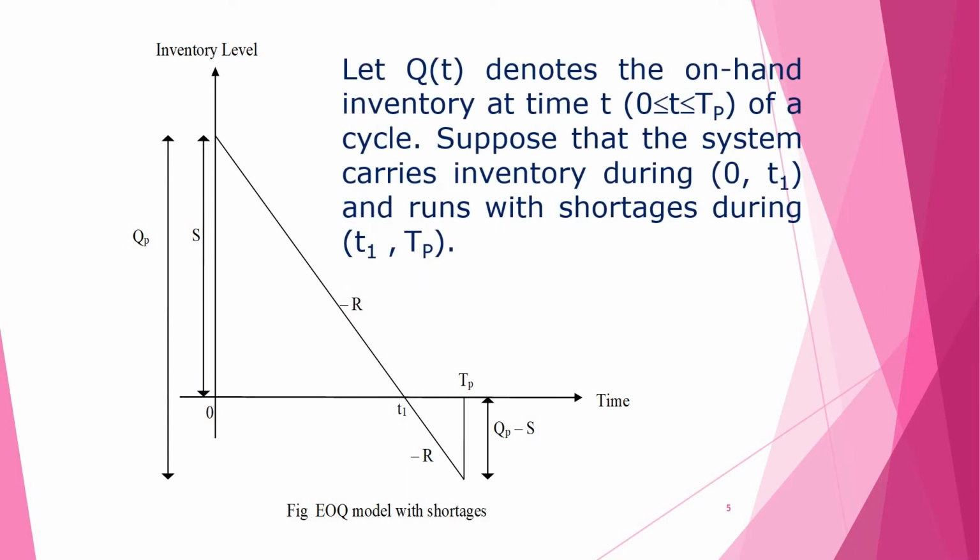Let QT denote the on-hand inventory at time T between 0 to TP of a cycle. Suppose that the system carries inventory during 0 to T1, and runs with shortages during T1 to TP. So initially we have QP units ordered.